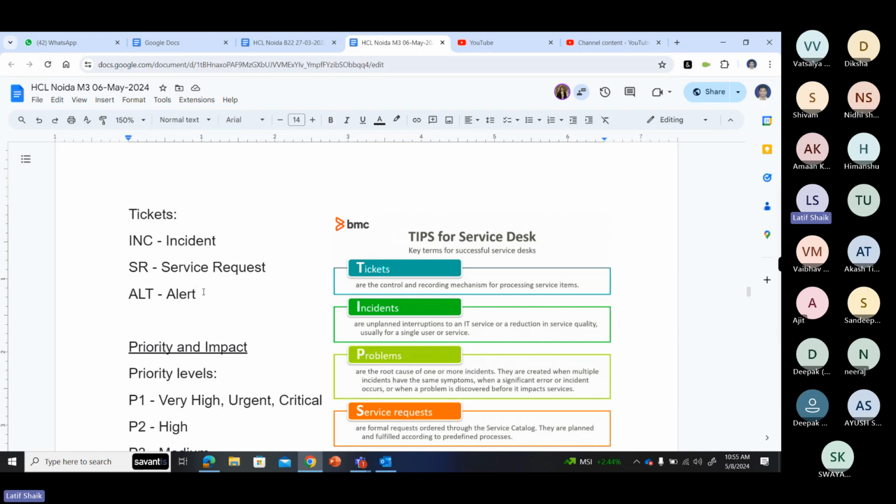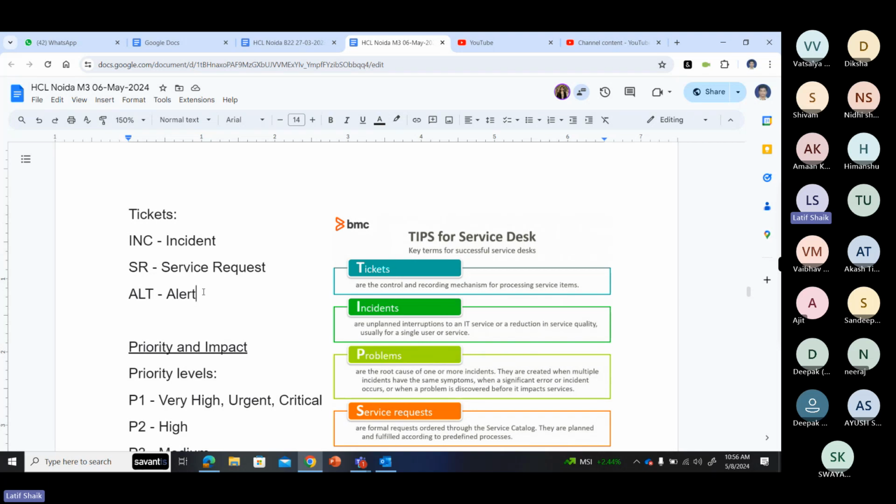Alert tickets. The monitoring tools monitor our infrastructure: servers, storage devices, desktops, laptops, and network devices like routers, switches, and firewalls. The monitoring system will monitor our entire infrastructure. So if anything unusual happens, a warning is generated or an error occurs, like a server is down, a disk is full, or a switch is down, an alert will occur.